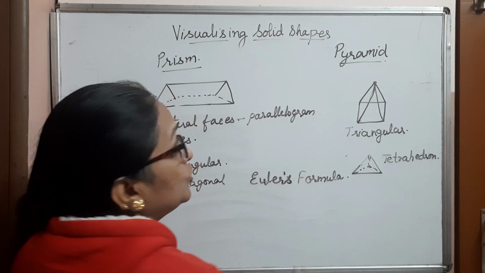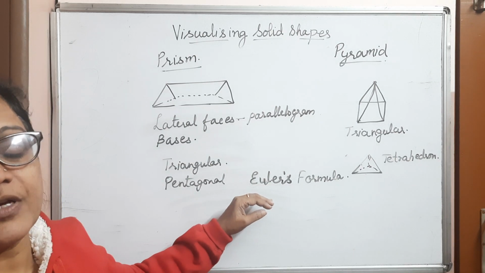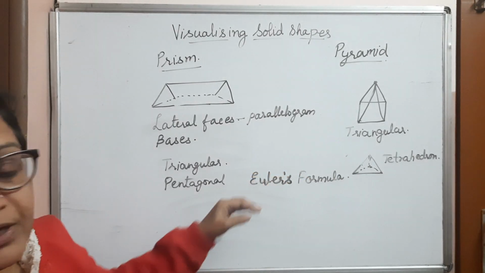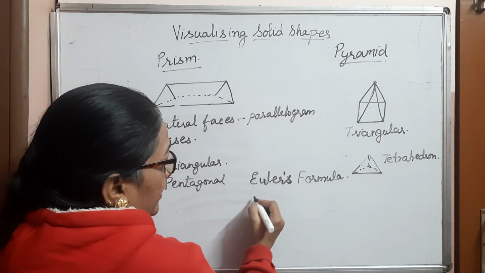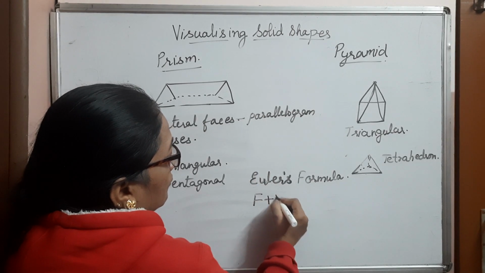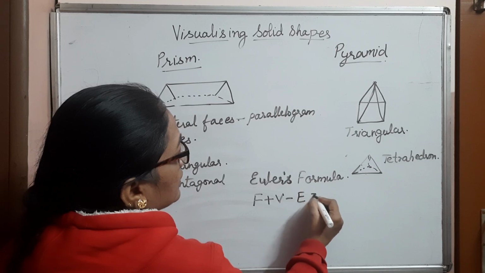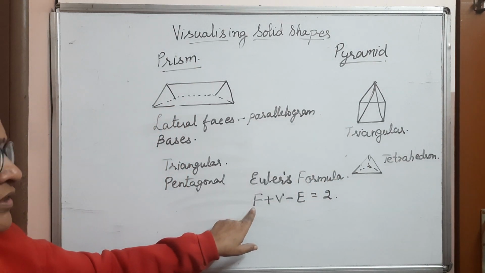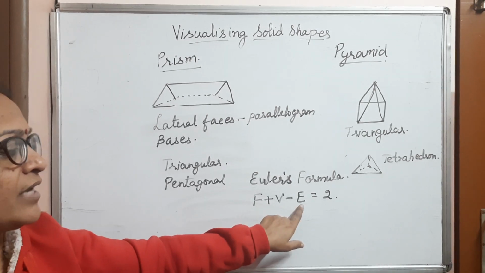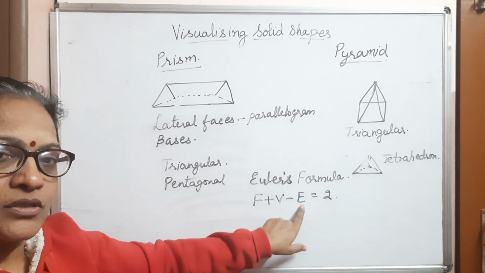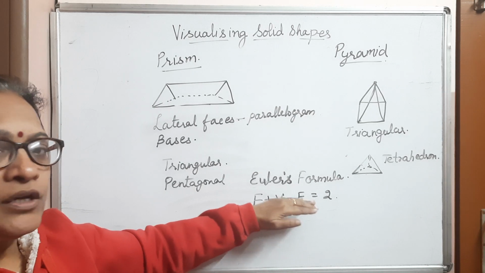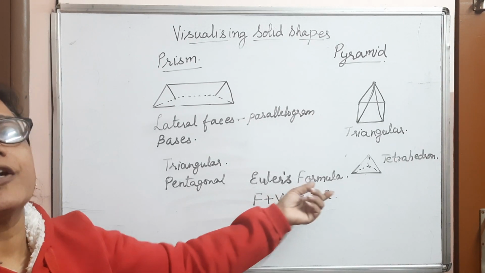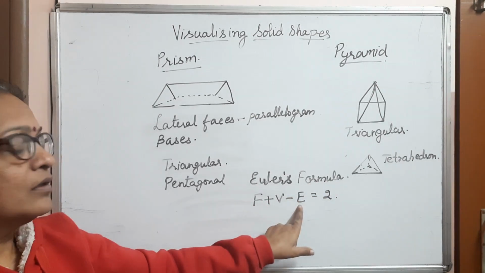Euler's formula is used for finding out the number of faces, edges and vertices if it is not known. The formula is F plus V minus E is equal to 2. F stands for faces, V stands for vertices and E stands for edges. This is the formula. Now if you know any two of the values, you can easily find the third missing value.